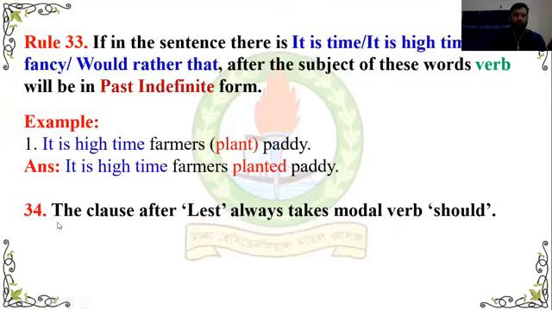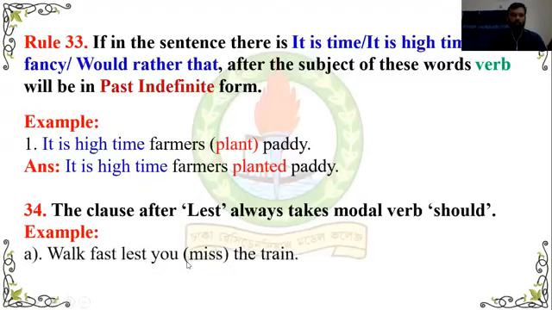Now rule 34. The clause after lest always takes the modal verb should. So when you use lest, the next clause after lest will take should. Now let's see an example.